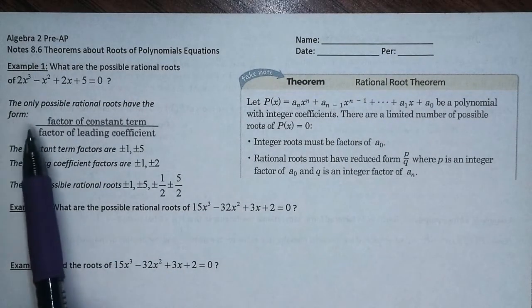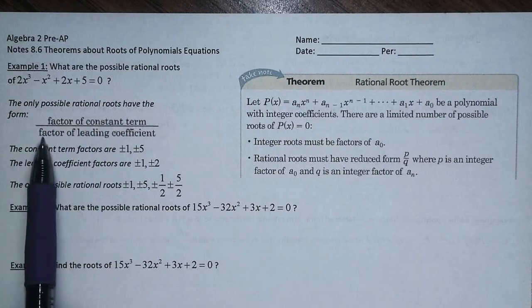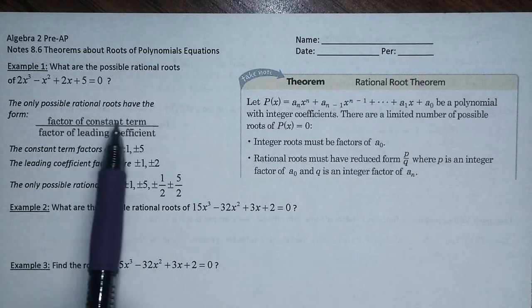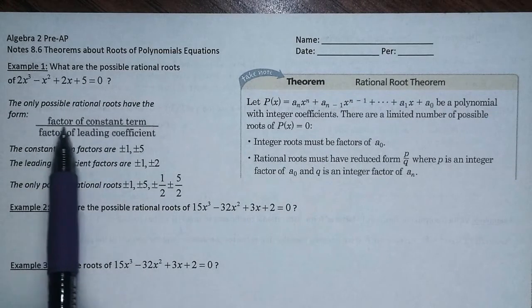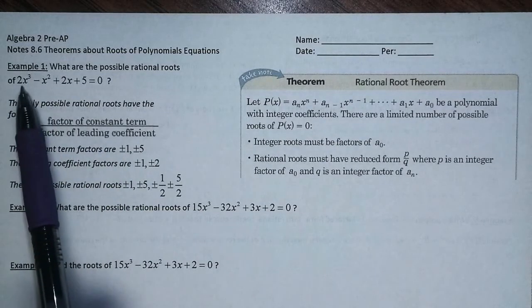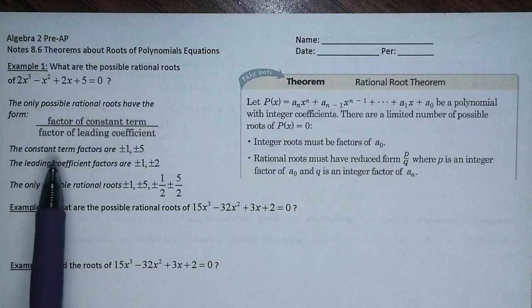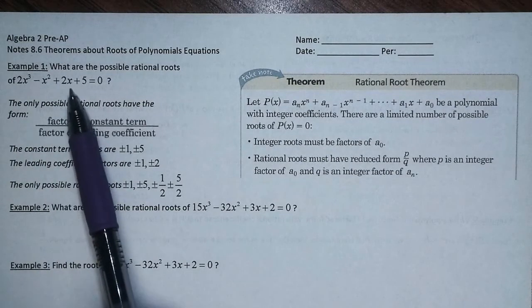This polynomial only has possible rational roots that have this form here. You would take the factors of the constant term, which is 5, and you would divide it by the factors of the leading coefficient, which here is 2. And then that would give you the possible rational roots for example 1.